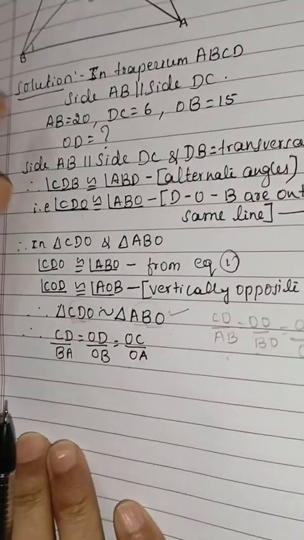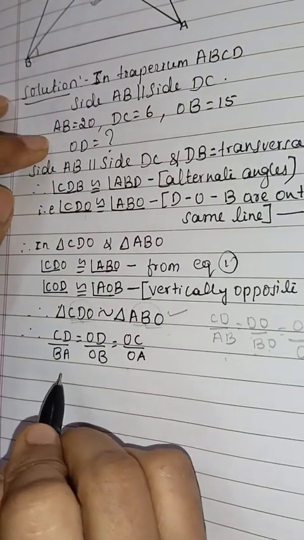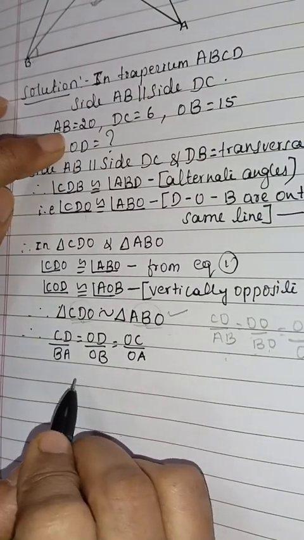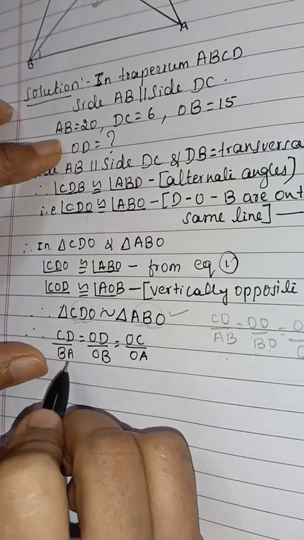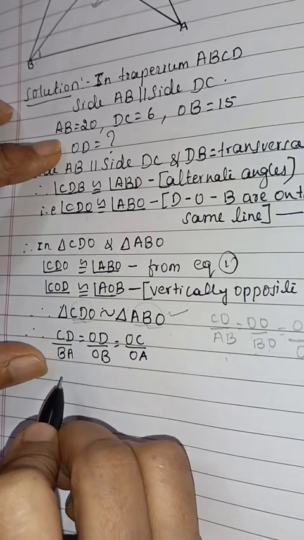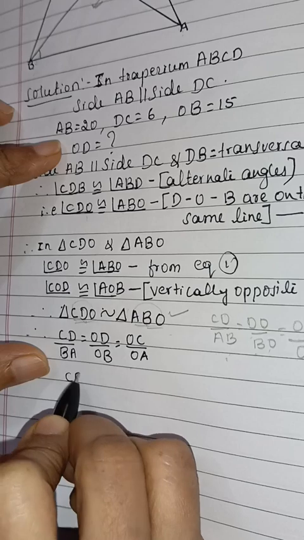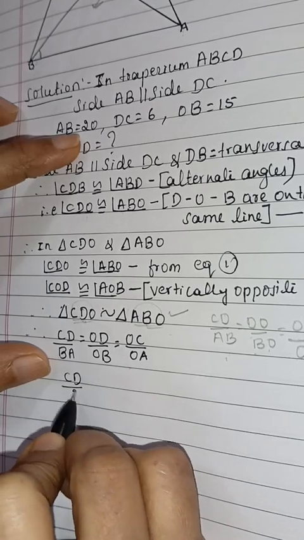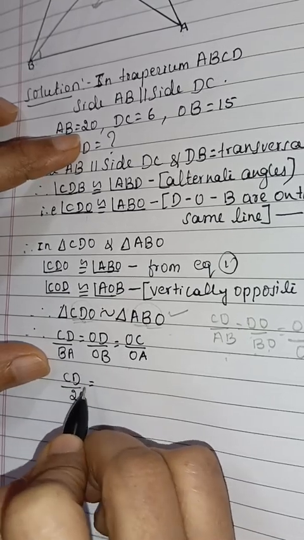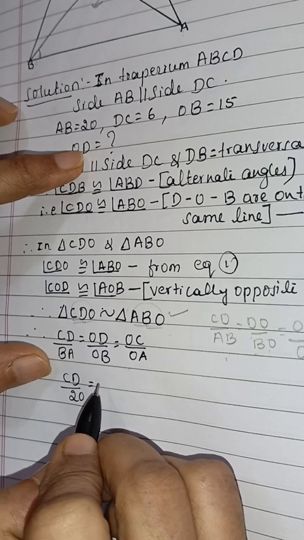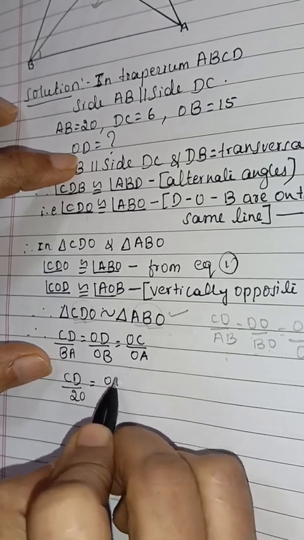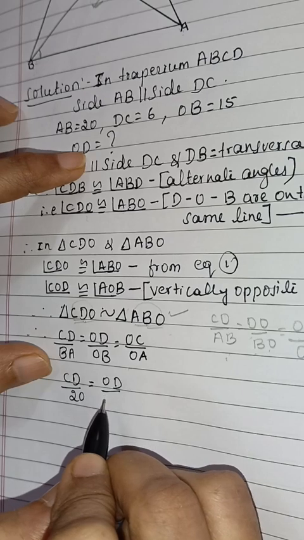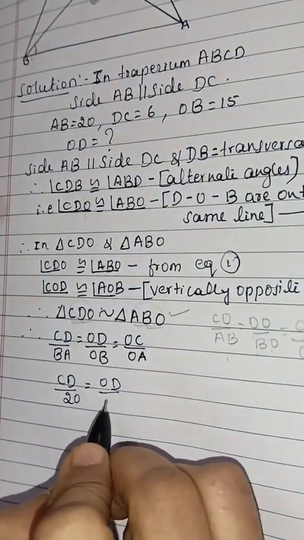Now substitute the values. CD by AB, which is 20, equals OD by OB, which is 15. OD is what we have to find out here.